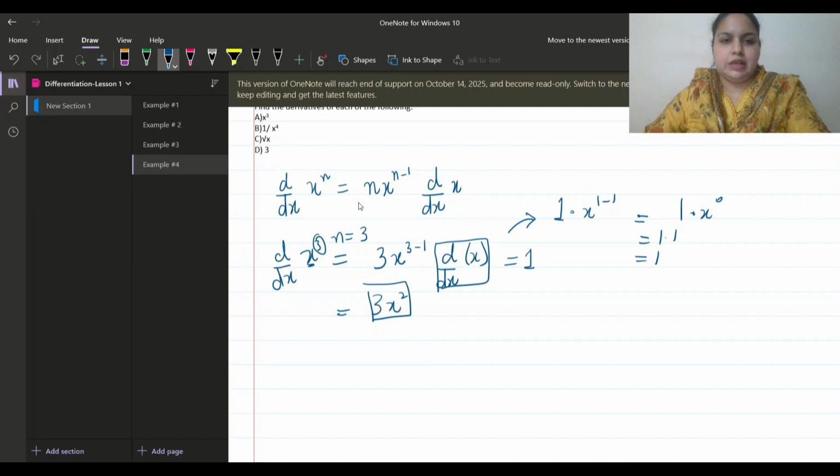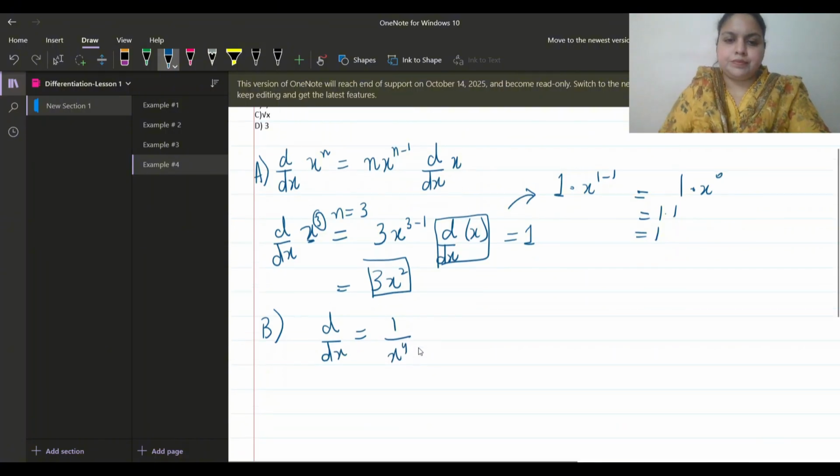Let's look at our second example, part B. It was part A. Upon x to the power 4. Okay.